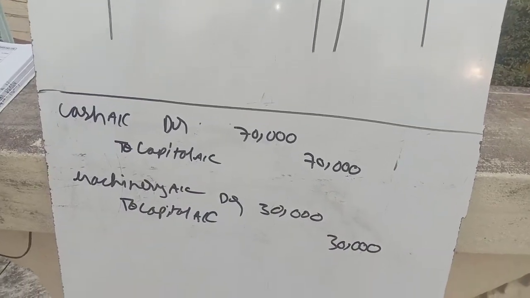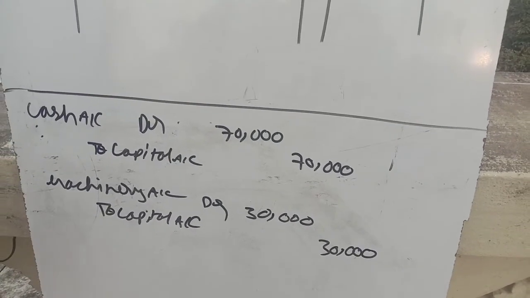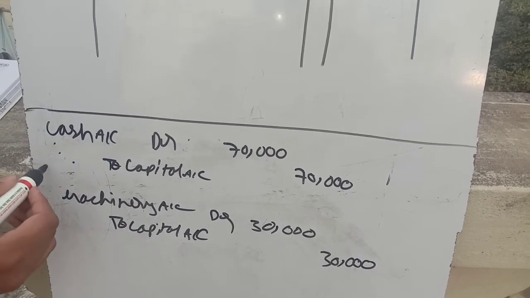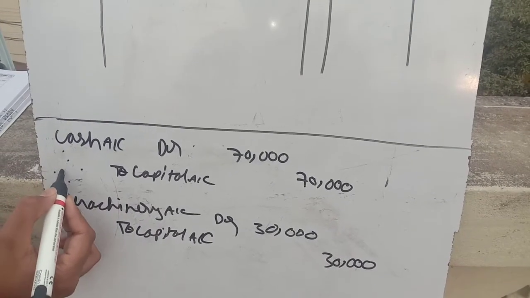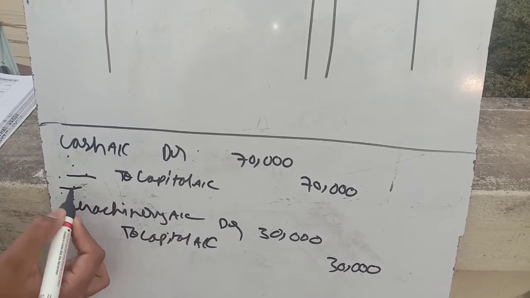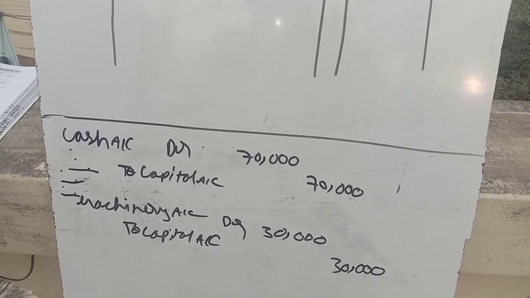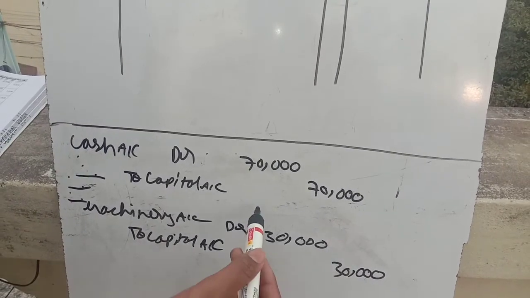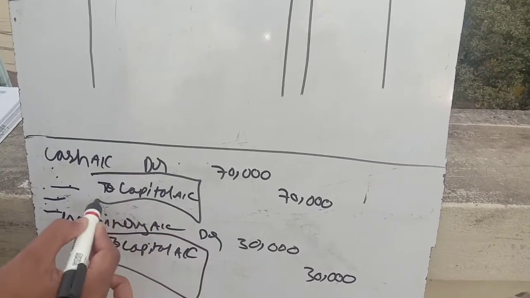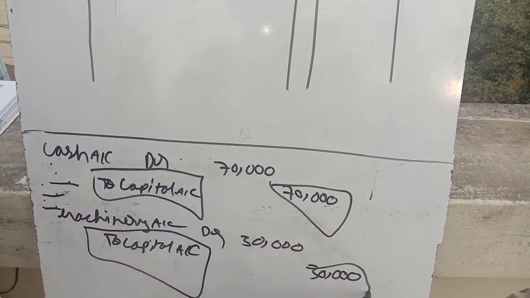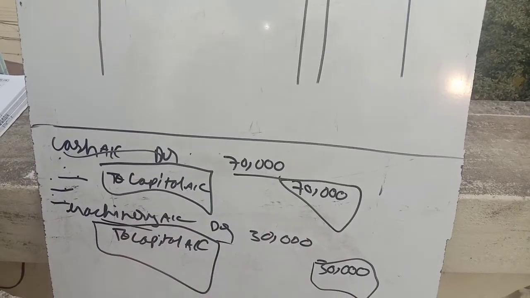Before, I wrote a compound entry, that is 2 debits and 1 credit. Otherwise we can write like this also: 1 debit and 1 credit, and 1 debit and 1 credit. Here we can see the formats. In the earlier transaction also, the total amount of capital is 1 lakh, right? So here also it is 70,000 and 30,000, cash account is 70,000 and machinery is 30,000.